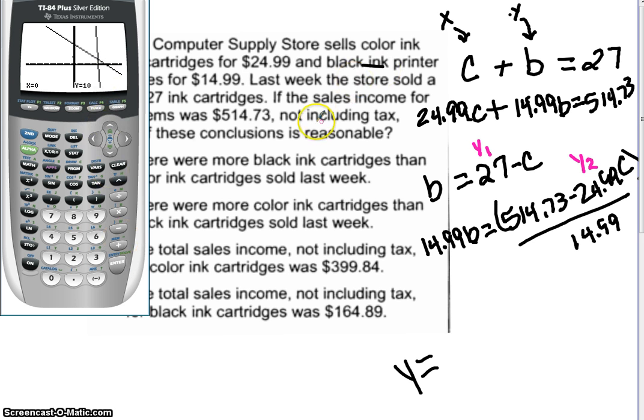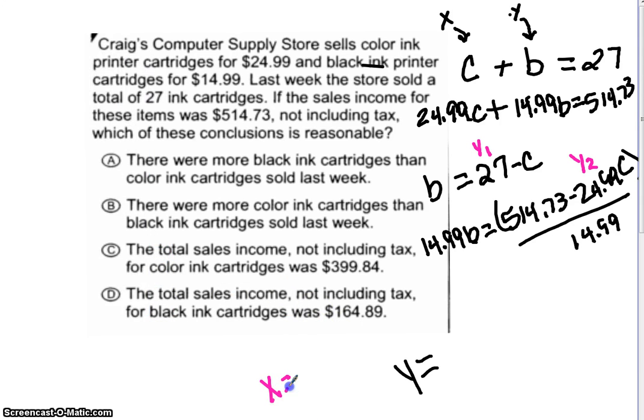I can see where they cross now, so we'll go again, and we'll go second, calc 5, enter, enter, enter. And x is 20.3 and y is 6.6. Remember that y is your black and x is your color.